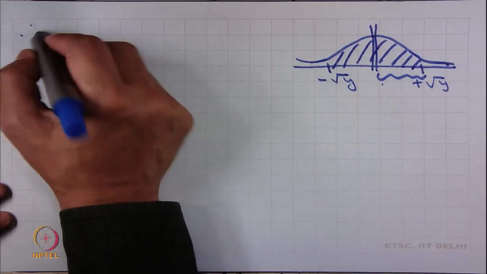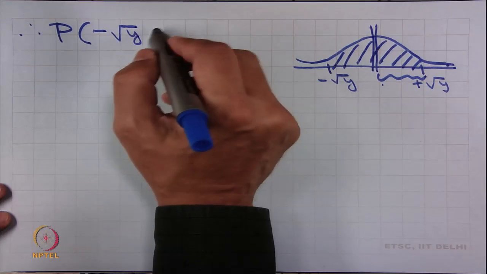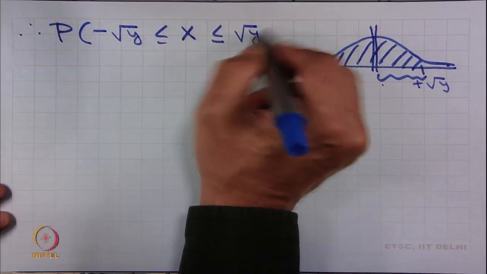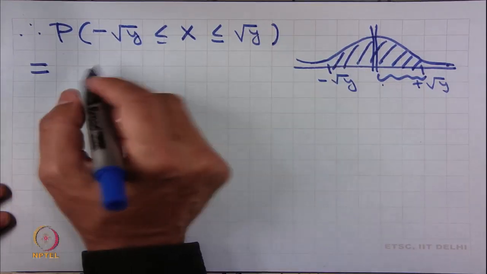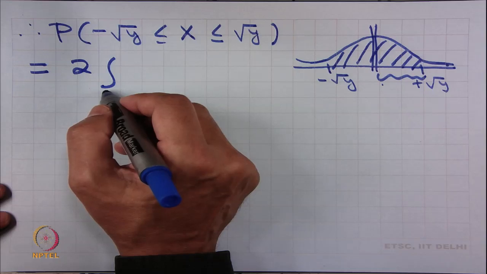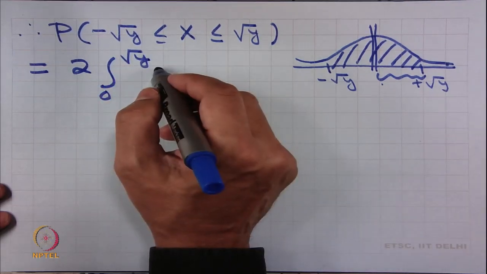Therefore, probability minus root y less than equal to x less than equal to root y is equal to 2 times integral 0 to root y f x dx.